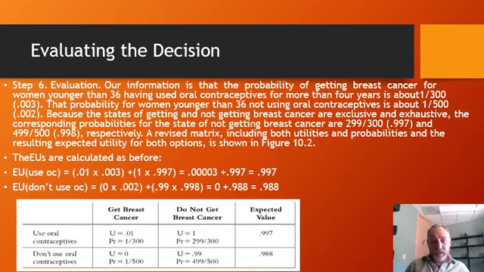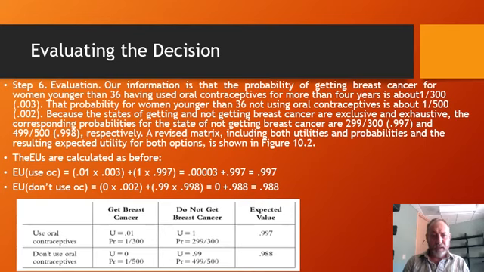Using oral contraceptives and not getting breast cancer has a utility of 1 and a probability of 299 out of 300. So notice you're overwhelmingly likely not to get breast cancer, even if you use oral contraceptives. It does increase your chances, but from 1 in 500 to 1 in 300. So that's still a 299 out of 300 chance that you're not going to get it. So hopefully those numbers make sense.